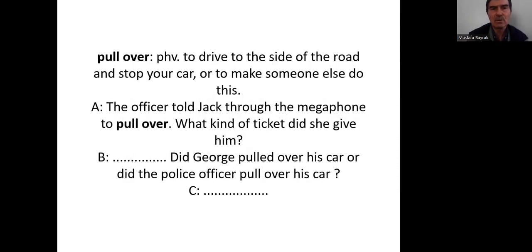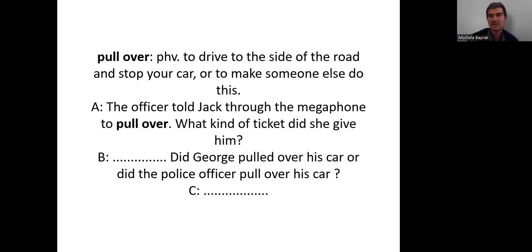Pull over as a verb, to drive to the side of the road. Yes, pull over. Pull over. And stop your car or make someone else do this. Yes. The officer told Jack through the megaphone to pull over. To pull over means take your car to the side of the road. Okay.